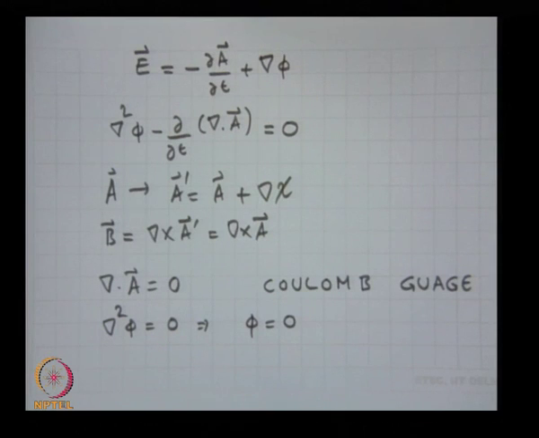There are other gauges which people use. There's another gauge called the Lorentz gauge, where the condition satisfied by A is different, and this is used in quantum electrodynamics.